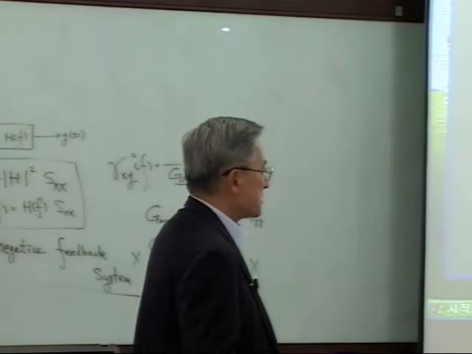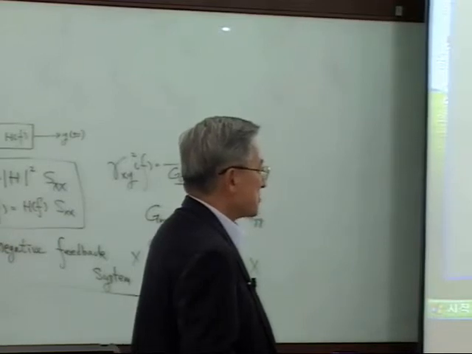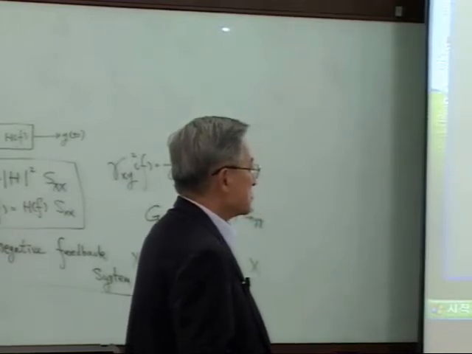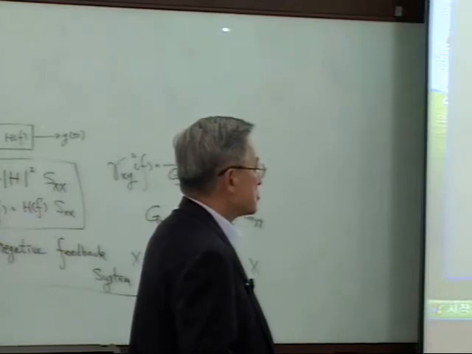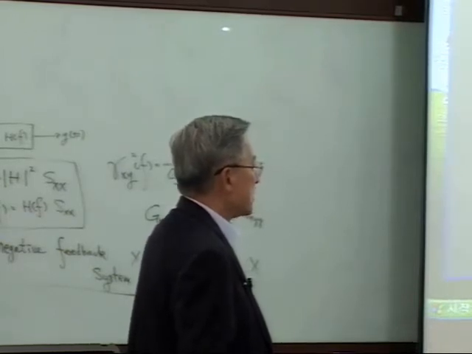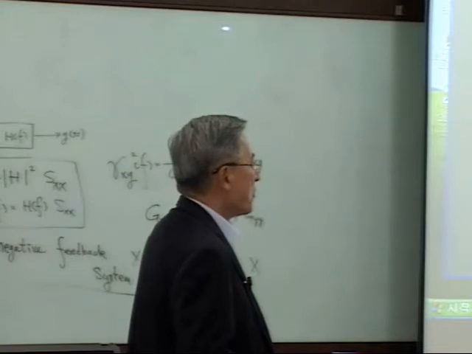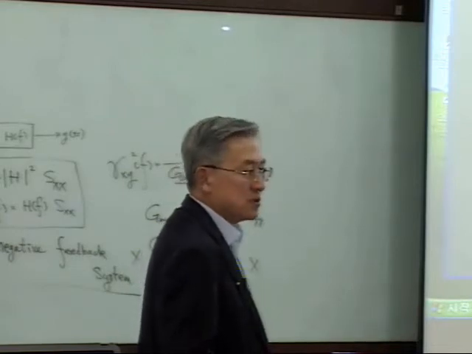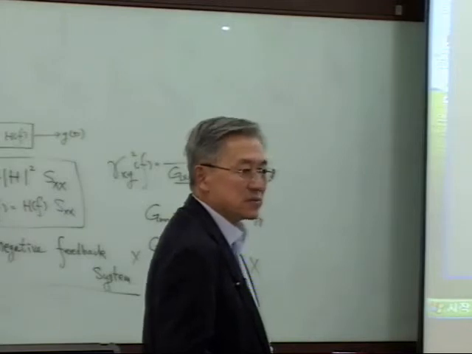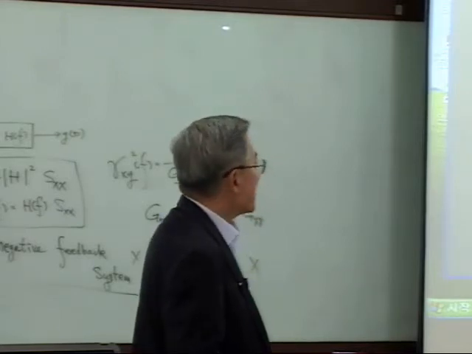Then express in the spectral notation. Gxy is equal to Guy plus Gmy. Gmy is equal to 0. Why? Input noise has nothing to do with the output response.